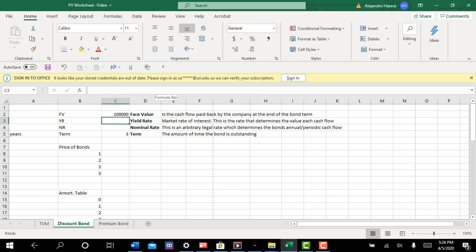Okay, and I'm going to start with an assumption here: a yield rate of 7% and a nominal rate of 5%. Now there's a key rule, and I'm going to go ahead and add a couple of spaces here.